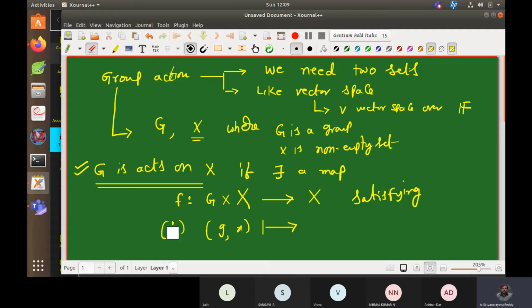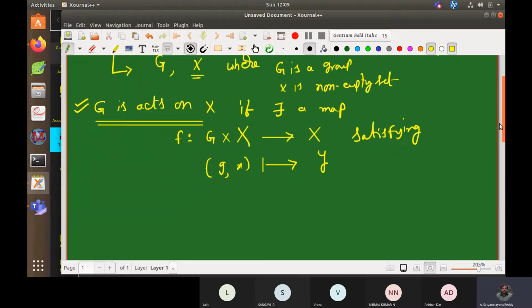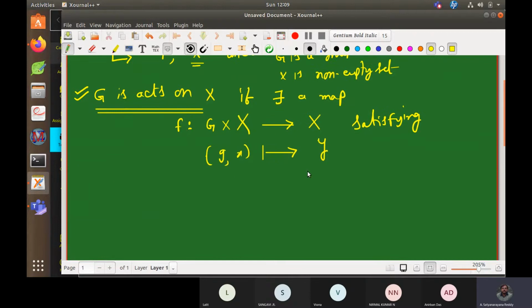First I am writing that, some element here. So it maps a tuple to an element in X, right? So Y is an element in X. So what are the conditions? First condition is that F of E comma X. You know that G is a group, so there is an identity element E here.